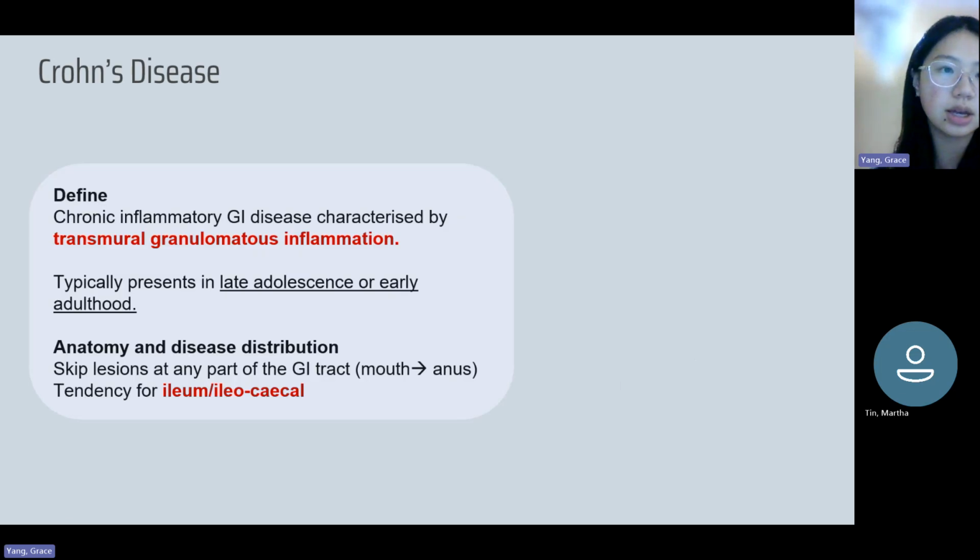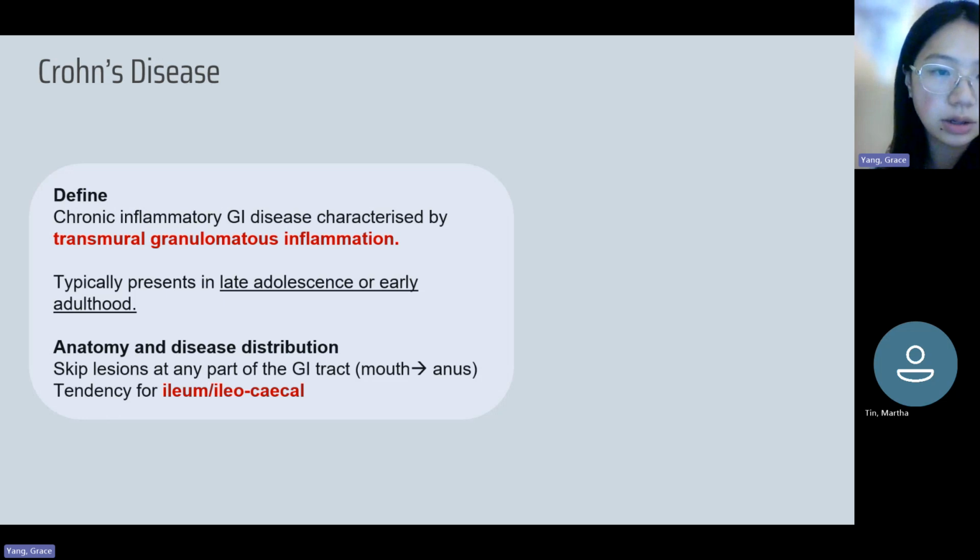So Crohn's disease is a chronic inflammatory GI disease, and it's characterized by transmural granulomatous inflammation, which means it goes through the whole tissue, unlike ulcerative colitis, which is more mucosal level.